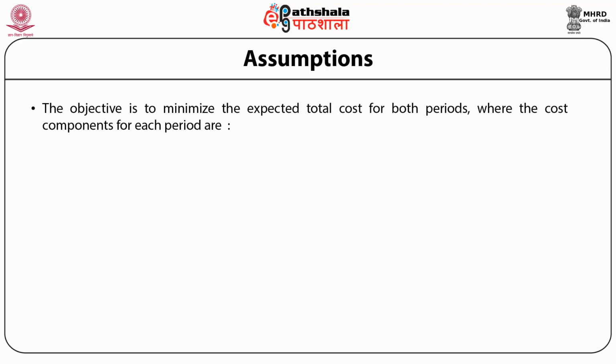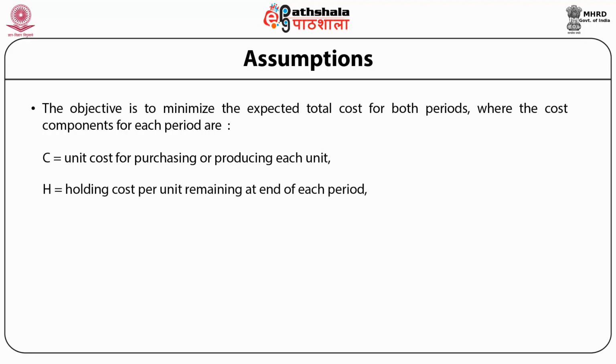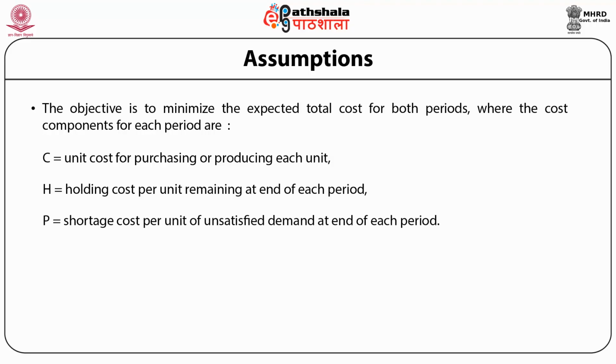The objective is to minimize the expected total cost for both periods, where the cost components for each period are: C equal to unit cost for purchasing or producing each unit, H equal to holding cost per unit remaining at the end of each period, P equal to shortage cost per unit of unsatisfied demand at the end of each period.